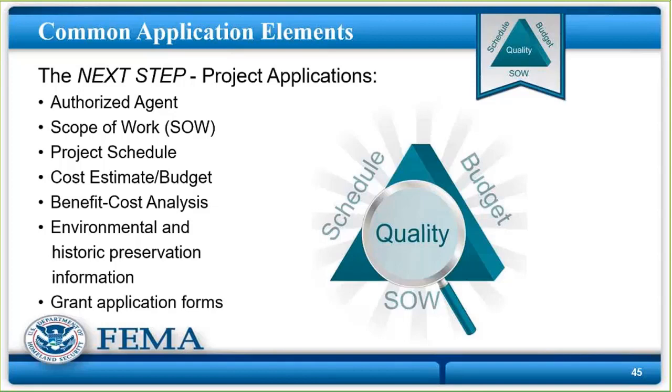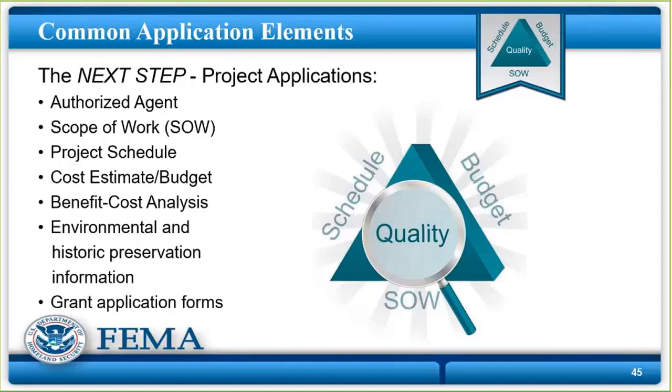The benefit cost analysis to demonstrate the project is cost effective. Compliance with environmental and historic preservation requirements. Historic preservation includes cultural. For those things that the tribe feels comfortable sharing, this is privacy protected. We will work with you very closely. We don't need to know where everything is. You need to tell us whether it needs to be avoided or not, okay?